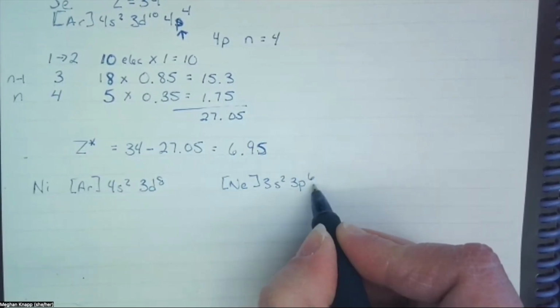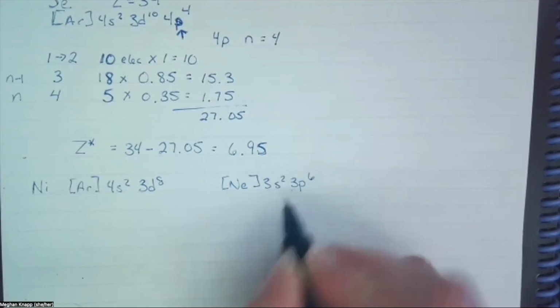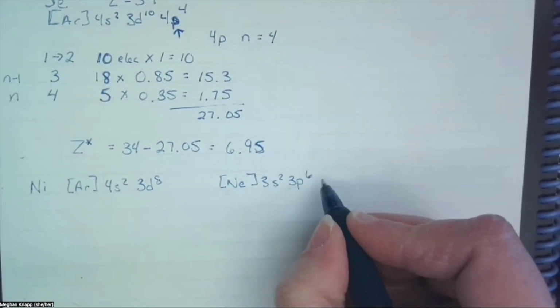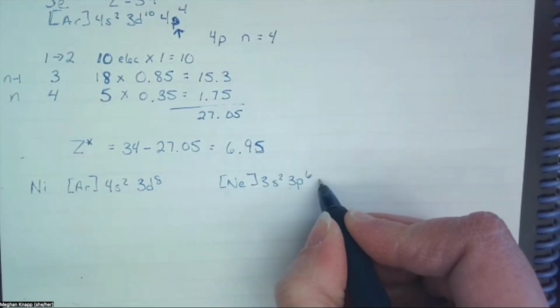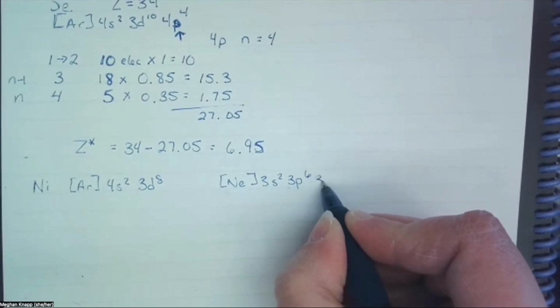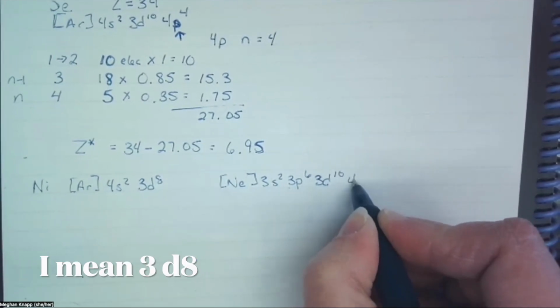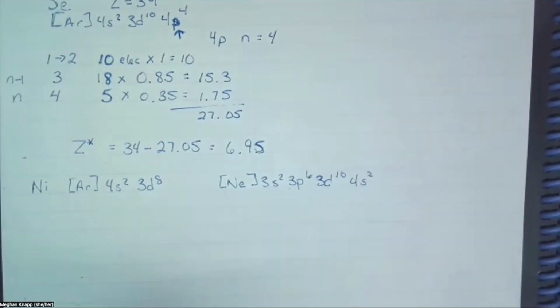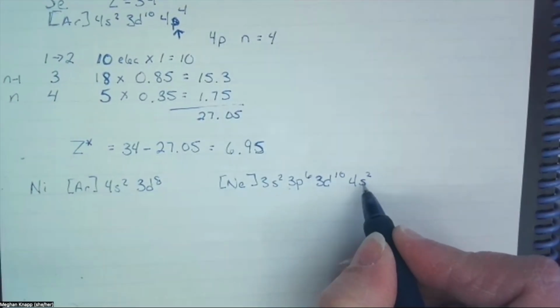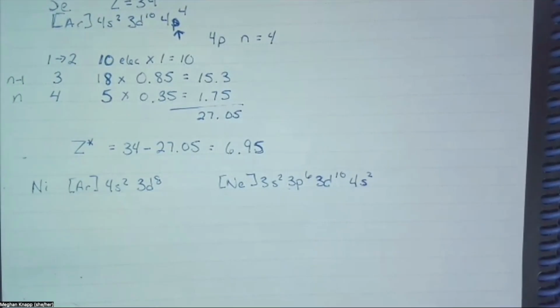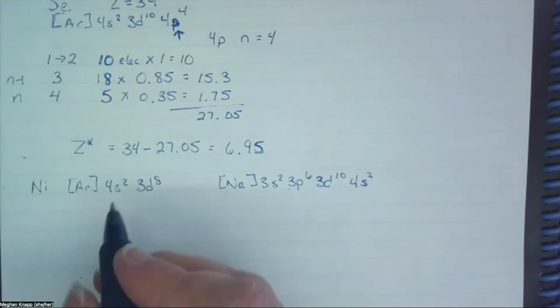So this part is what is in argon, but we need to know about the energy level below. And then we need to know about the outside one. So 3d10, 4s2. That gets all of the threes together, makes it a little bit easier for us.